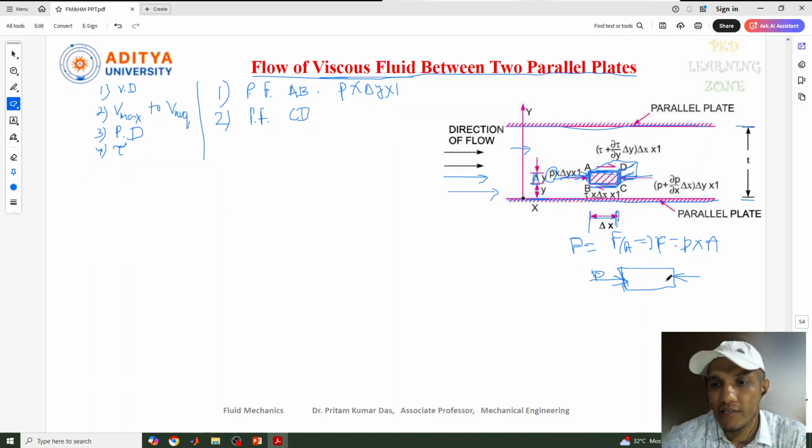Some changes in pressure will be there, because the pressure which acted here is covering some distance. What is that distance? Delta X. Each zone has some pressure acting on it.